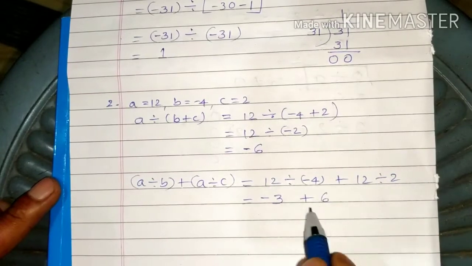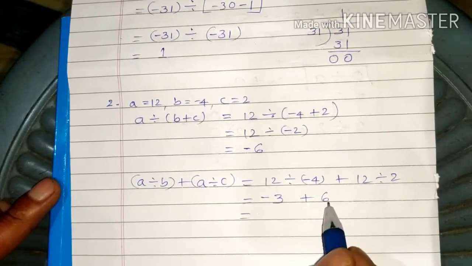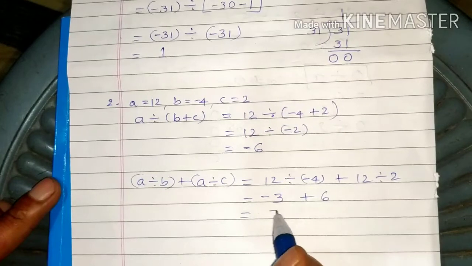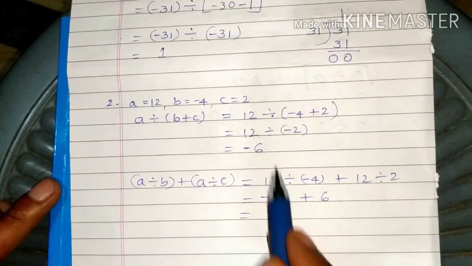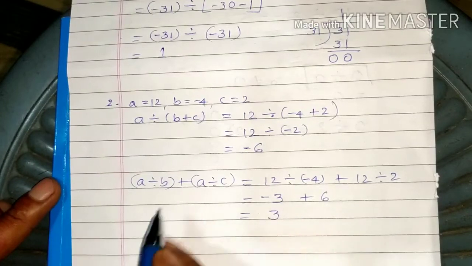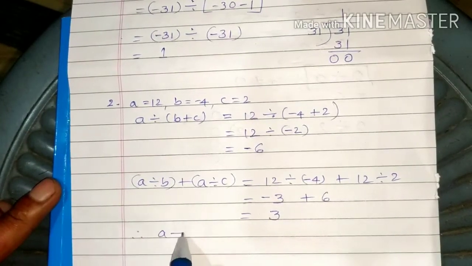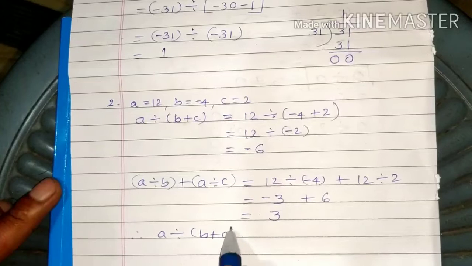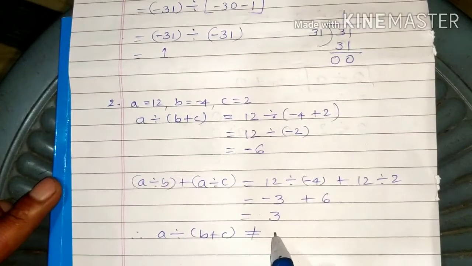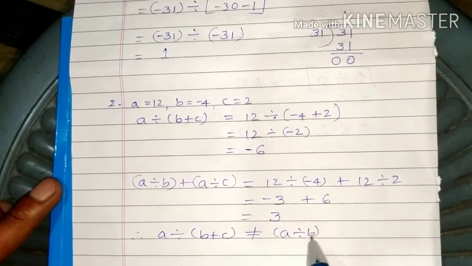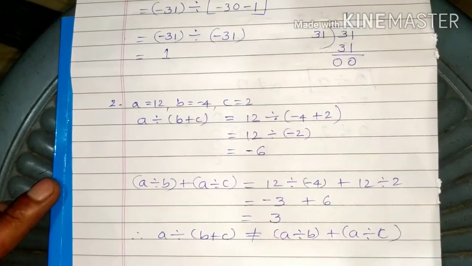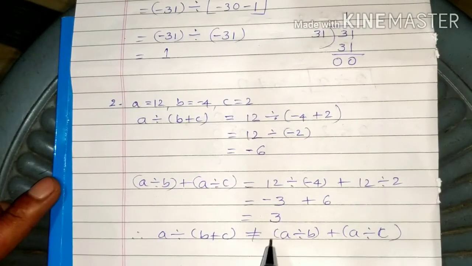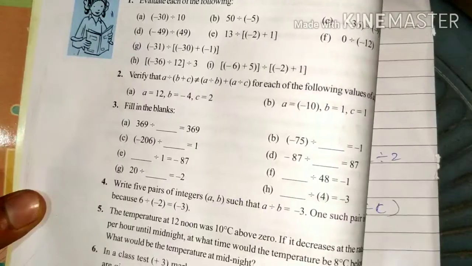Both are positive, 6. Minus 3 plus 6 is plus 3. Right? So when you see these two, definitely they are not equal. Therefore, a divided by b plus c is not equal to a divided by b plus a divided by c. In the same way, you can calculate the second example.